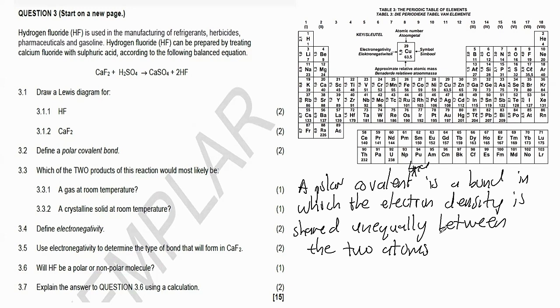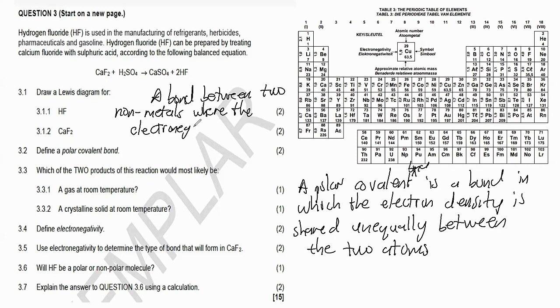Now you can also have another definition whereby you say it's a bond between 2 nonmetals where the difference in electronegativity is more than 1.